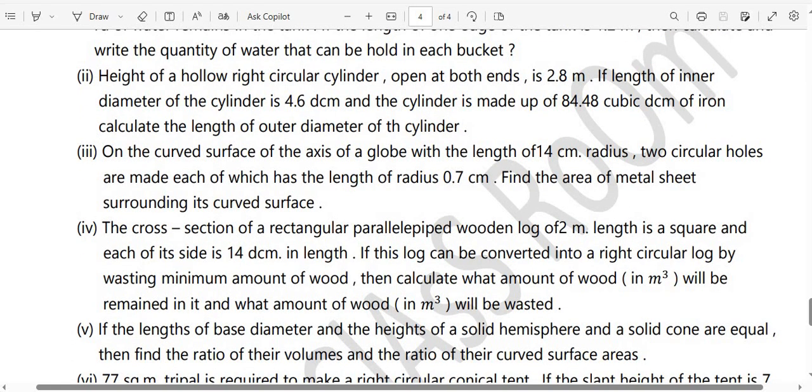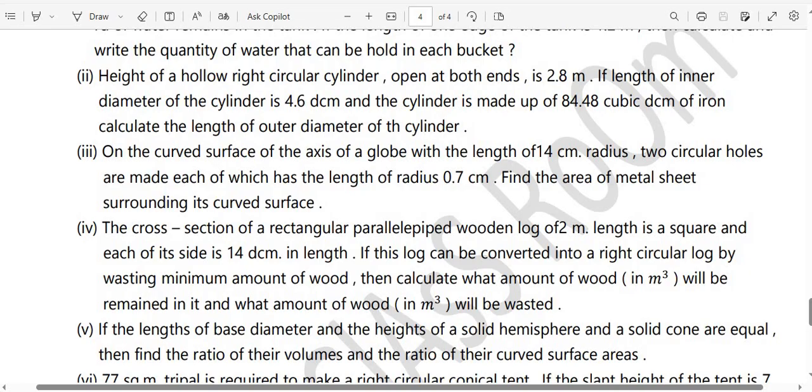Question number 4. The cross section of a rectangular parallelepiped wooden log of 2 m length is a square and each of its sides is 40 dcm in length.